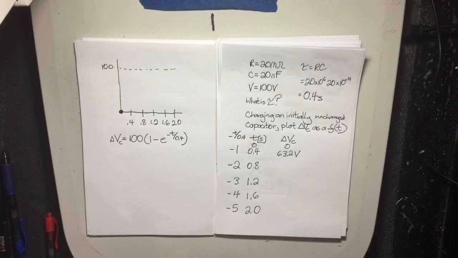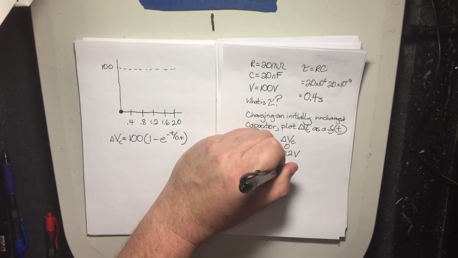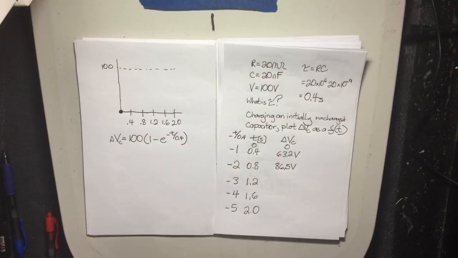When time is 0.8 seconds, it's 1 minus e to the negative 2. I get 86.5 volts.